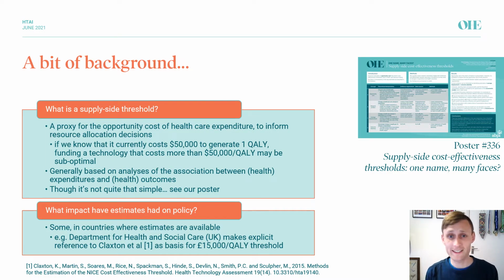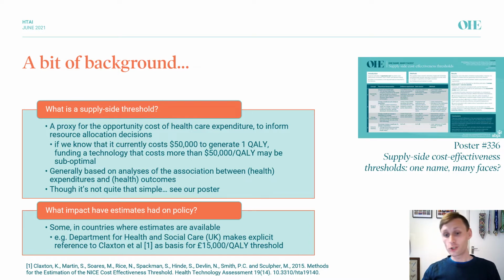But before I get into that, it's probably worth me providing an extra bit of background. This is a really confusing area of research, even for those of us who are quite familiar with it, and the policy implications are huge. Essentially, what we're talking about is research that attempts to identify how much it currently costs to create an extra unit of health within the health service.